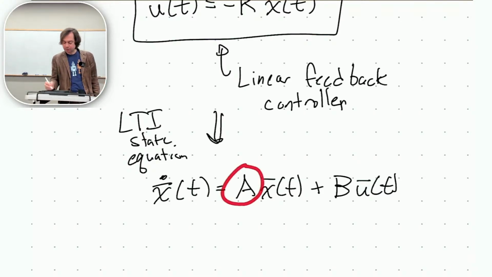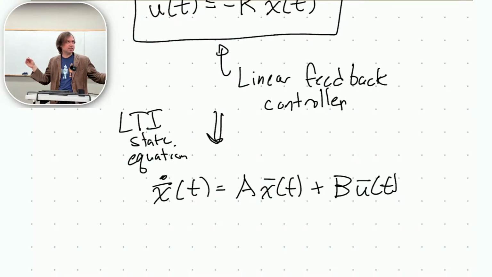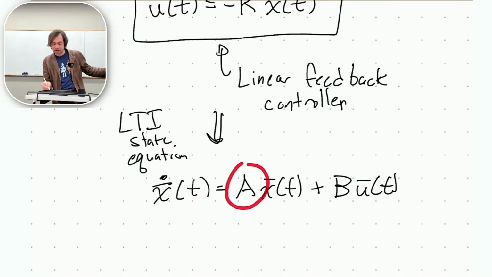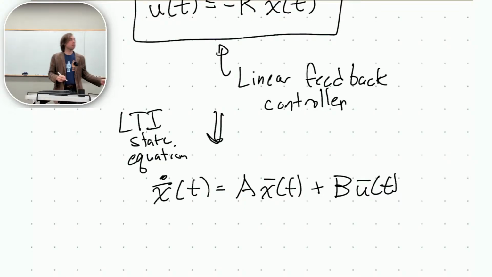Hopefully I sold it hard enough as to how cool this form is. You know how we did MATLAB simulations using ODE45? ODE45 is great for systems that are nonlinear. You can use it for linear systems. But if your system is linear and time invariant, you can just give MATLAB A and B, and it'll simulate it. You need an initial condition too.